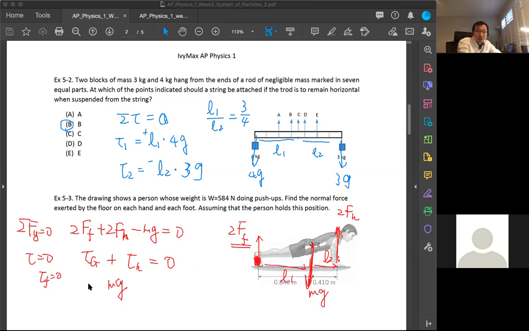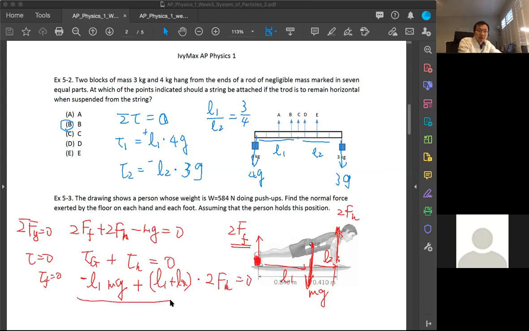The torque generated by the weight has a trend of rotating clockwise, so it has to be negative: minus mg times L1, plus L1 plus L2, because the length is counted from the axis of rotation to the line of action, times FH. That should equal 0.